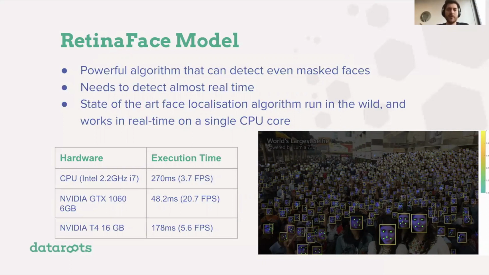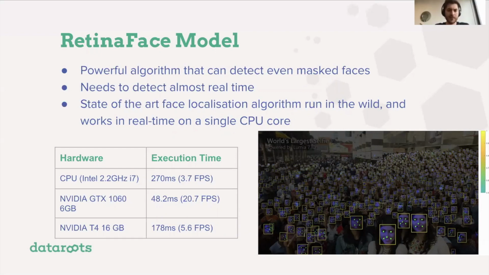So it needs to be powerful enough to detect masked faces as well. The second requirement is that it needs to be very fast. It needs to detect the faces almost in real time, because one cannot wait 5 minutes to detect masked or not masked faces.